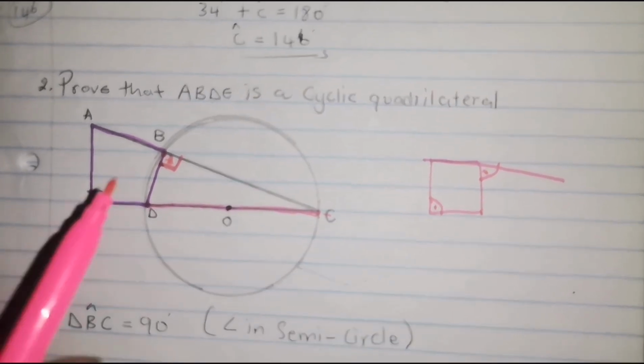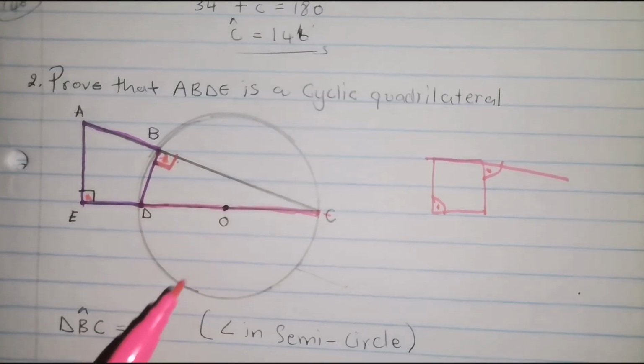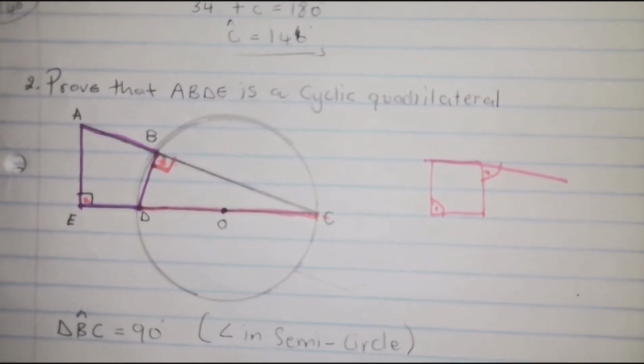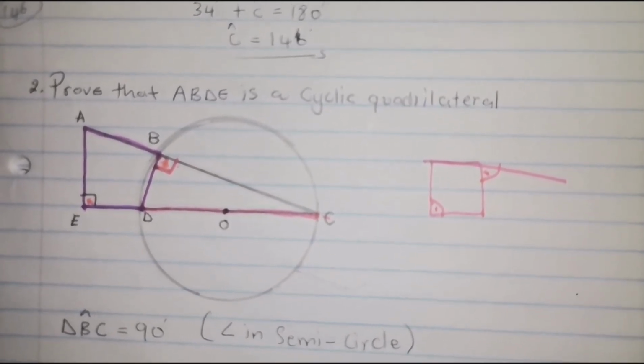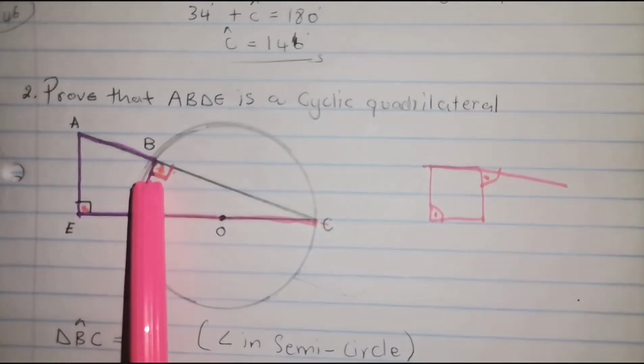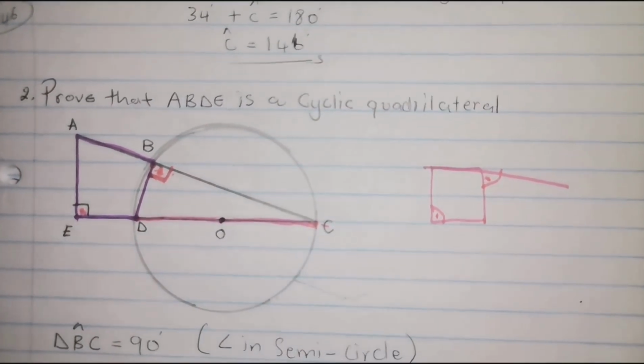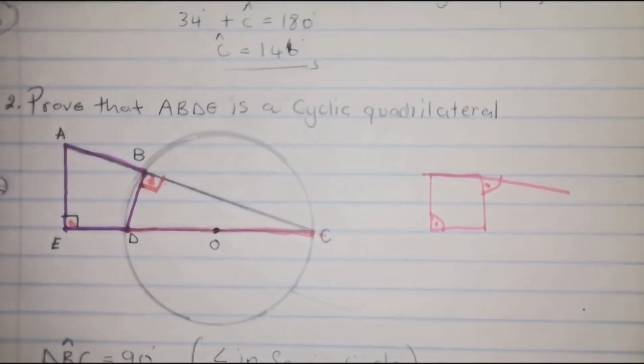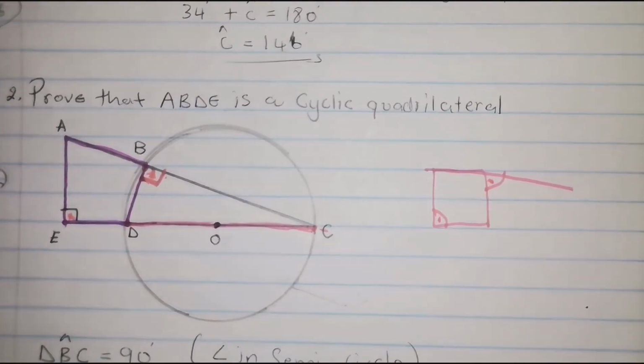Because of what? Because it is our exterior angle, and according to one of the reasons we use to prove that a particular quadrilateral is a cyclic quadrilateral, if we have an exterior angle, that particular exterior angle is going to be equal to the opposite interior angle of a cyclic quadrilateral.